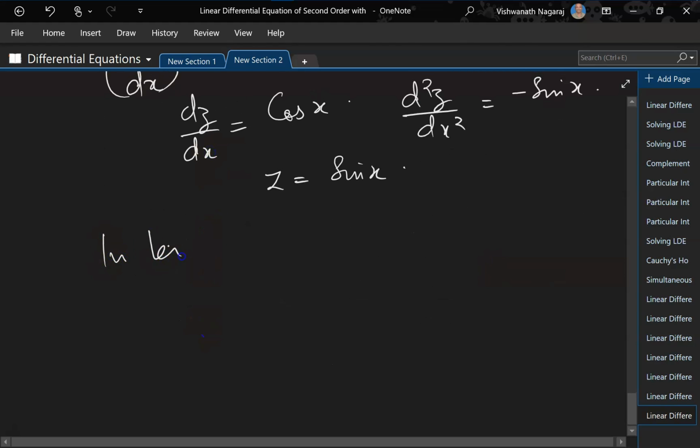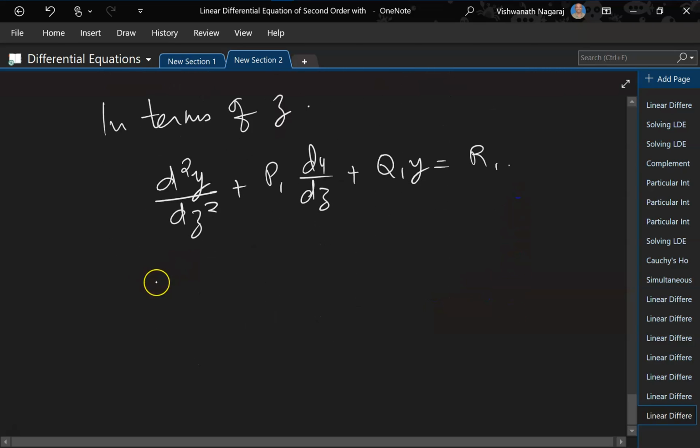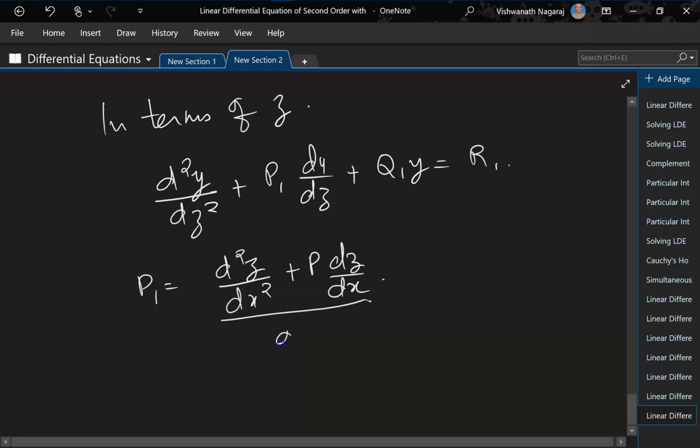So now in terms of z, our equation becomes P2 d2y by dz square plus P1 dy by dz plus Q1 y is equal to R1. Remember, P1 would be equal to d2z by dx square plus P dz by dx, divided by dz by dx whole square.